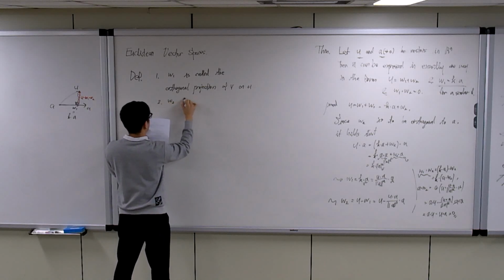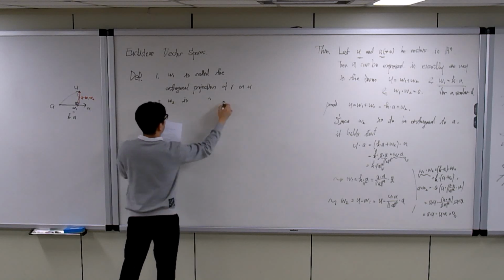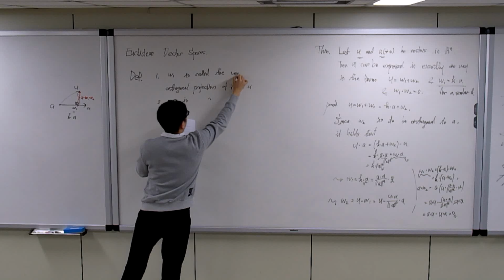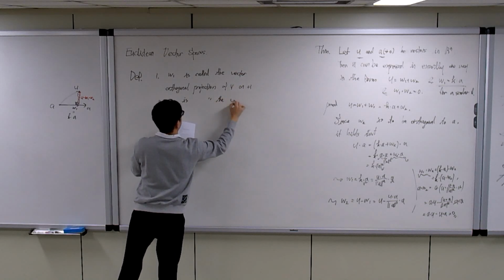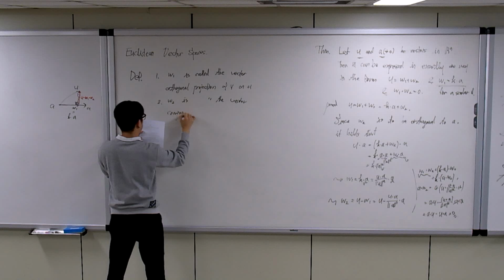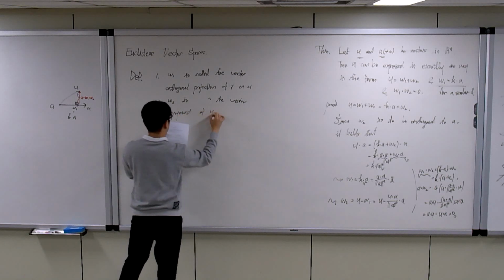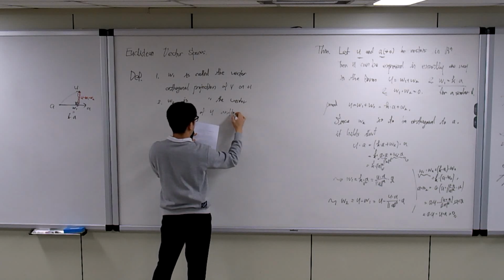And w2 is called the vector component of u orthogonal to a.